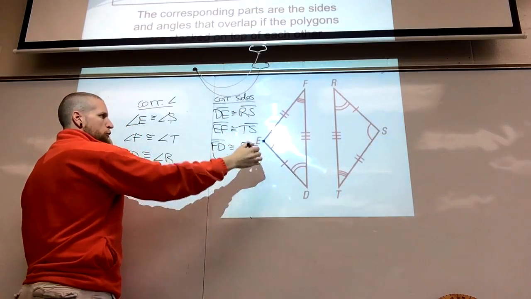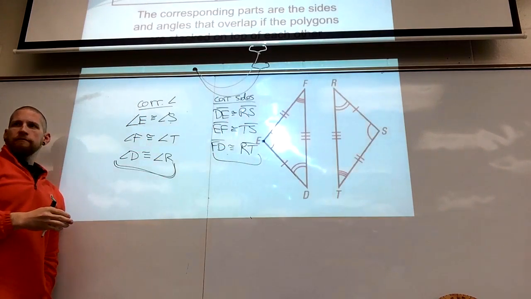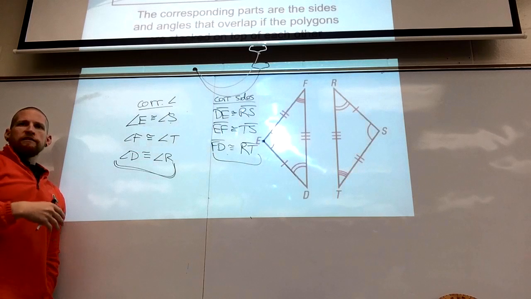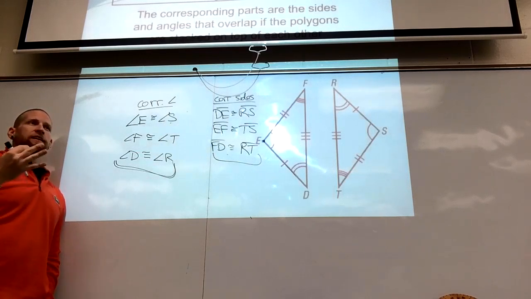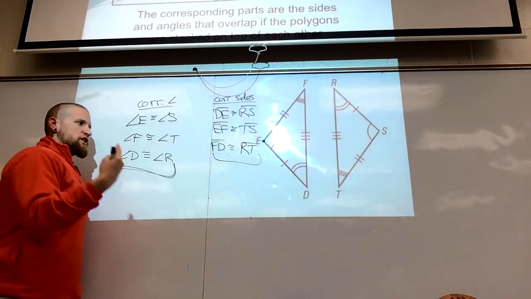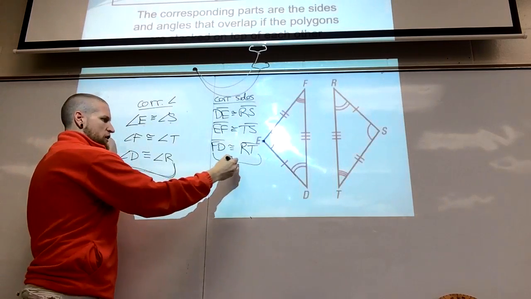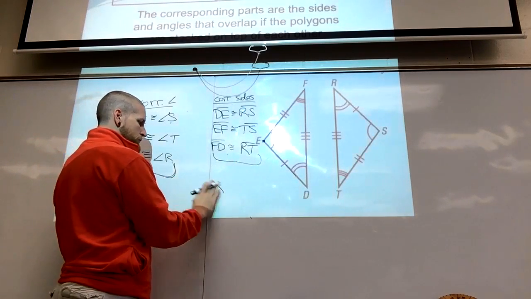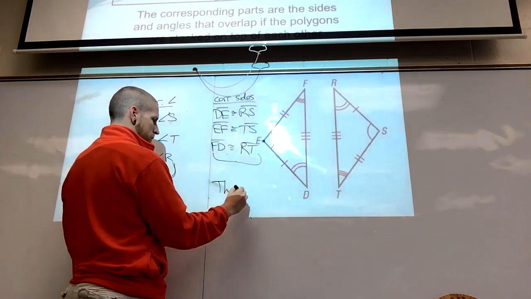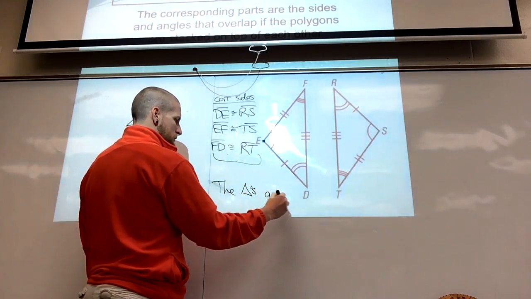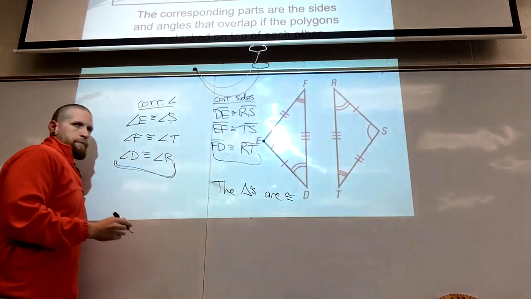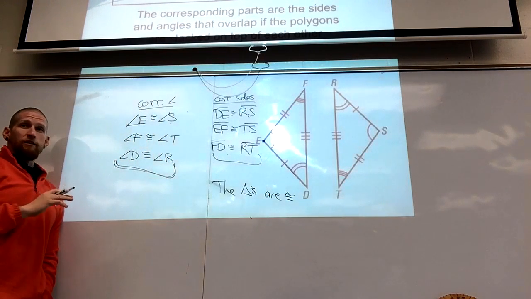So once you go through all of this stuff, then you could finally answer the question of, are the shapes congruent? Which would be yes, because these are all congruent and these are all congruent. So that means the triangles are congruent. And that would have been the whole question again. The whole question would have just been, are the shapes congruent?